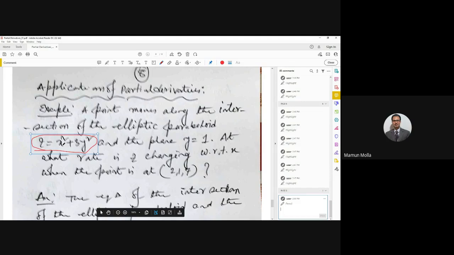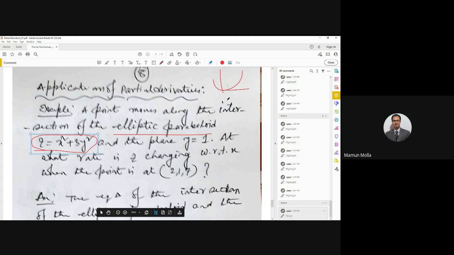But if you see that their coefficients are different, then each cross section is an ellipse. That's why it is called elliptic paraboloid. Is that okay? Might be like this: one part bigger and one side a little smaller. Then when you take a cross section, you will not get a circle, you will get an ellipse. Is it clear to you? Yes, sir.